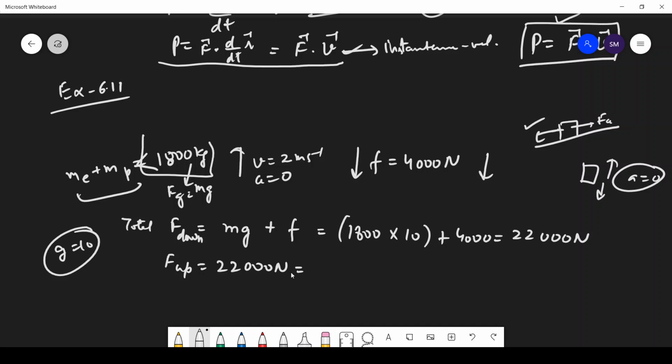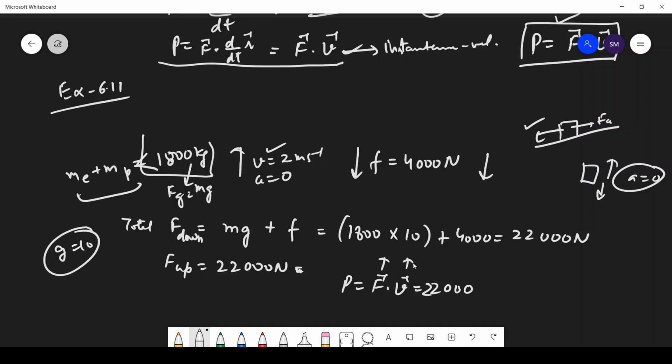Now, this is the upward force. What is the power? This is the velocity. Instantaneous velocity, average velocity, that's the constant velocity. So power is equals to F dot V. This is the force that I need upward, and with this velocity, they are in same direction.